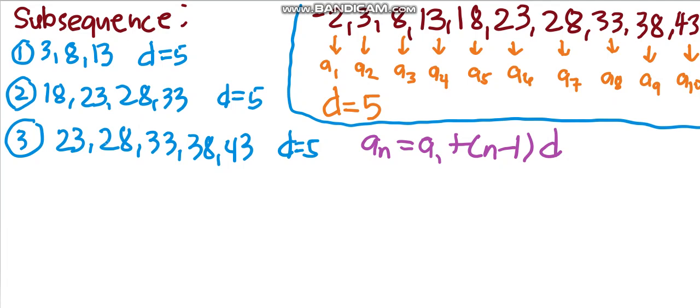Of course, class, this will work because the subsequences are arithmetic sequences. So, it is really expected that we can use this formula since we have the common difference. So, for example, we use subsequence 1.